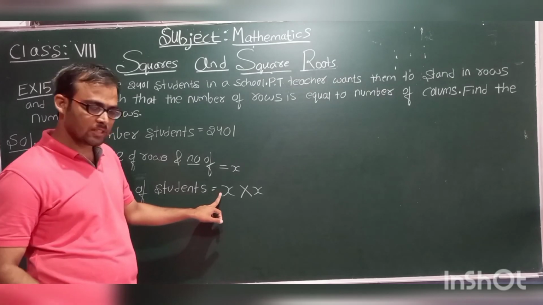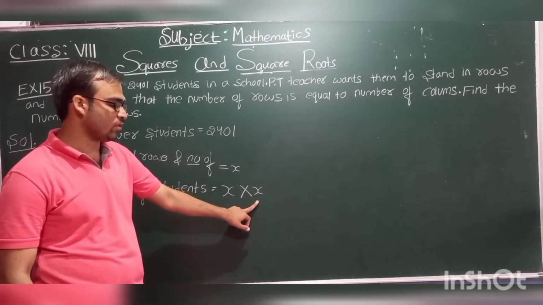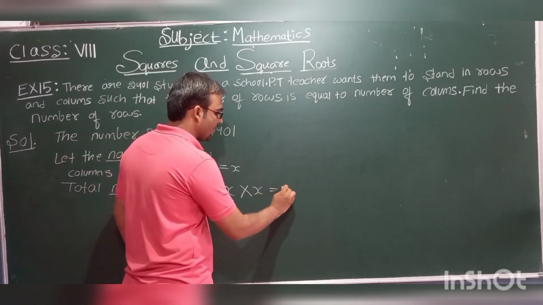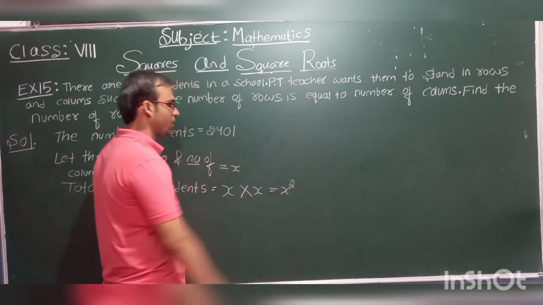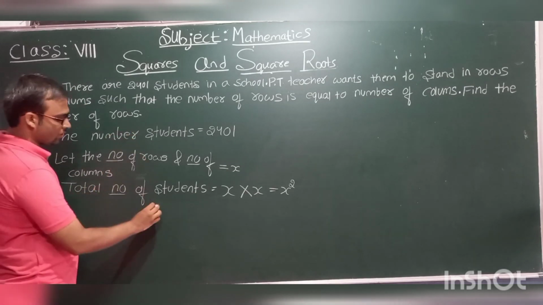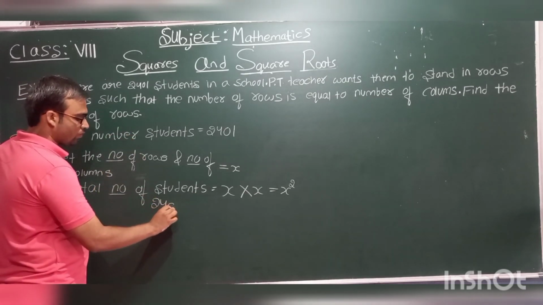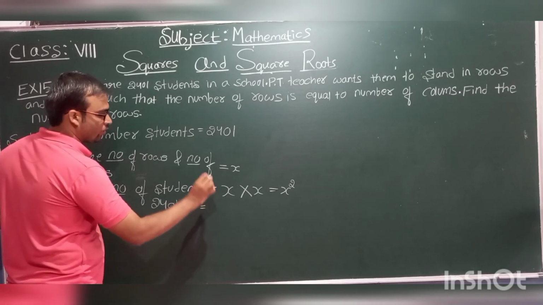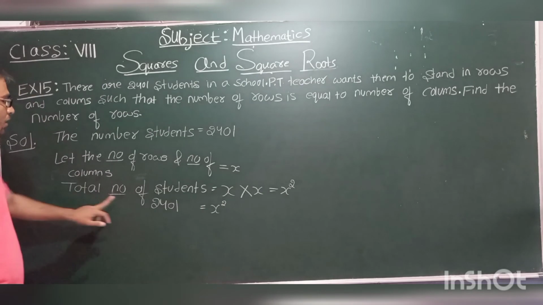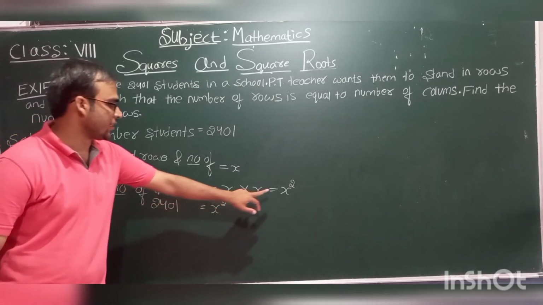Because this x is the number of rows, and this x is the number of columns. Now x into x is what, students? x square. Then the number of students is 2401, equal to x square.